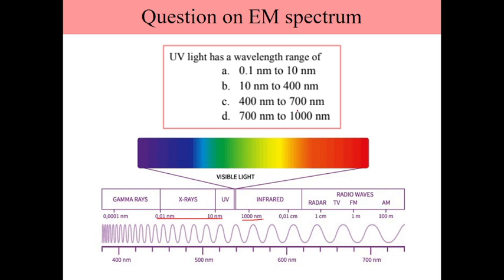So what you need to do is you just have to find the periphery of the wavelength of the visible light, and then you can solve the question. So B is the answer, which is 10 nanometer to 400 nanometer.